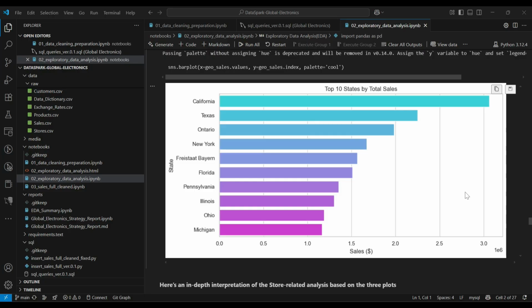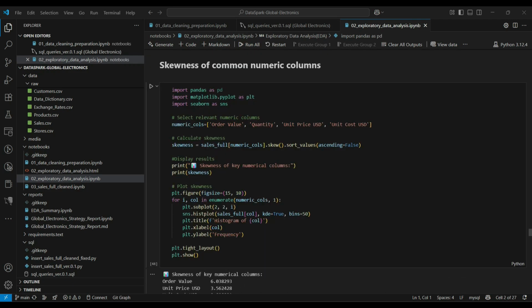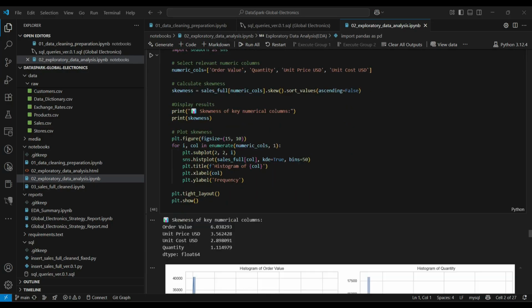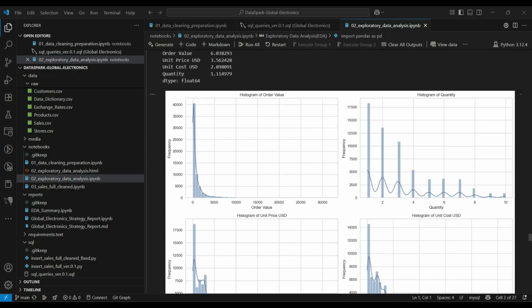Actionable insight: these top states should receive priority for inventory, marketing investment, and new product rollouts. Consider deeper local market research in California to replicate success in similar regions.